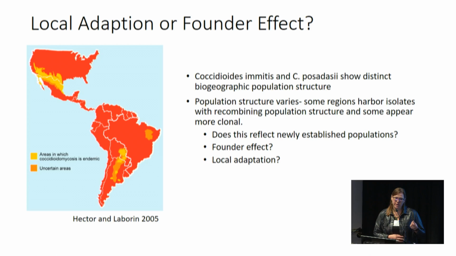When we look at those isolates from Venezuela, from Brazil, and from Washington, we only see one of the mating types really present in those populations. So are these newly established populations? Is this sort of the evidence that we've been looking for to think about, okay, the organism is potentially moving, dispersing to these different areas? Are these new founder populations?